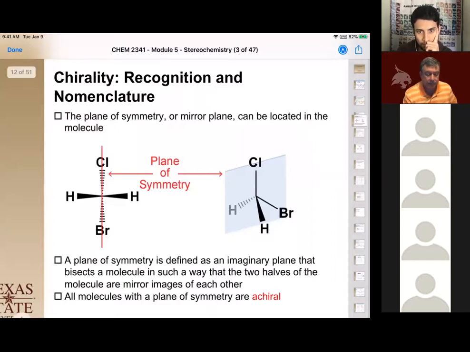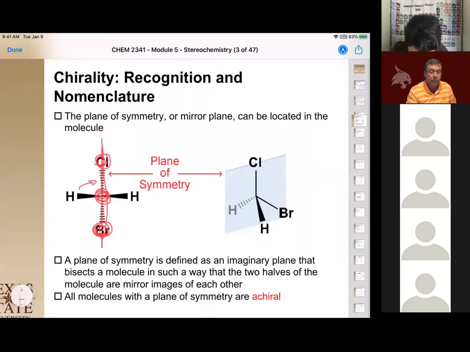So in this case here, we have our plane of symmetry cutting through this bromine, this chlorine, this carbon, and this chlorine right here. And when we do that, these hydrogens look exactly the same on both sides of that mirror. Okay?